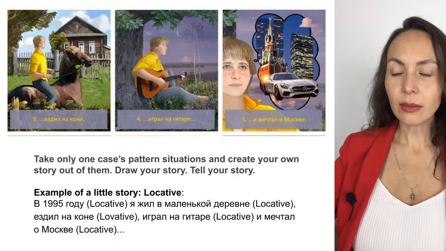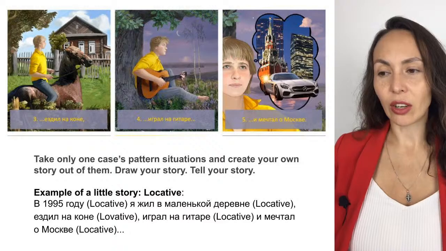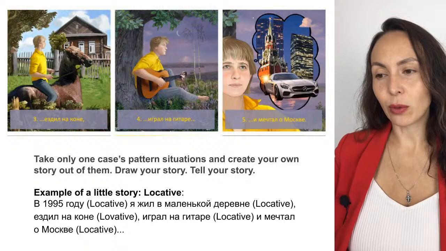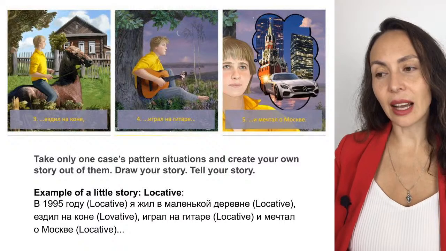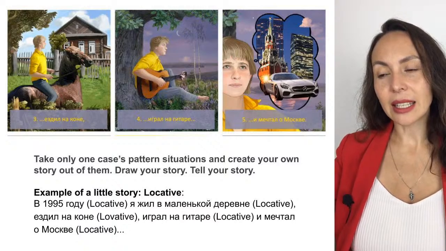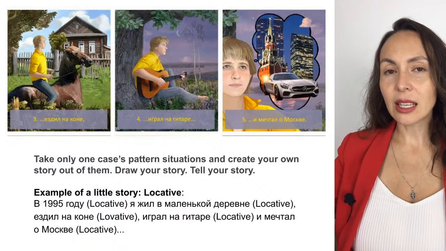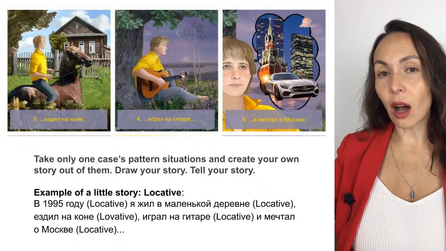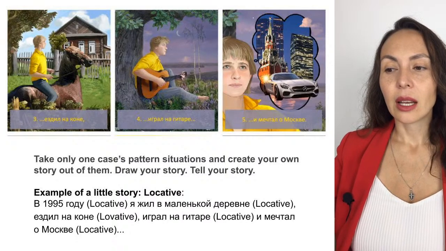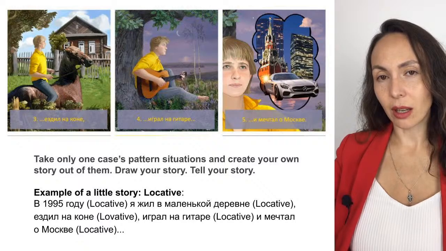And here, my example, I took locative situations, those that we talked about before. Ездить на коне. Играть на гитаре, musical instrument, and an object of mental job. Мечтать о Москве. I took 3 of them and I made a little story with them.